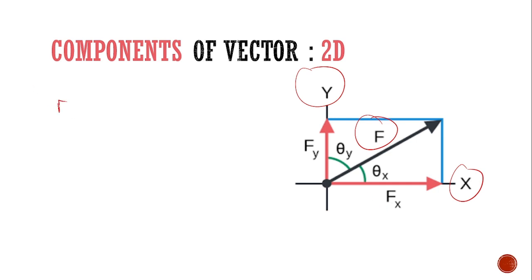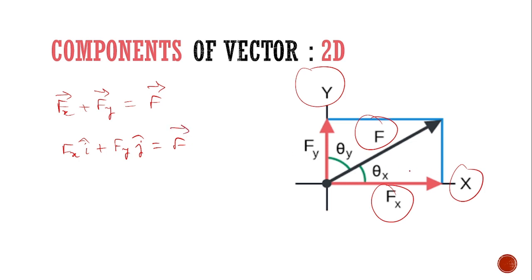That is, vector f is equal to fx plus vector fy. And what is the direction of fx? fx i cap plus fy j cap is equal to f.